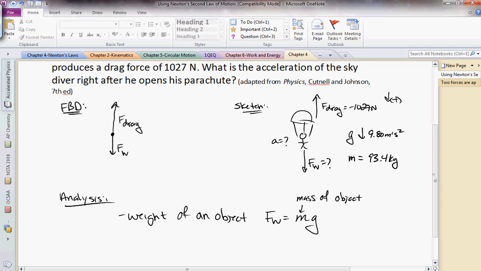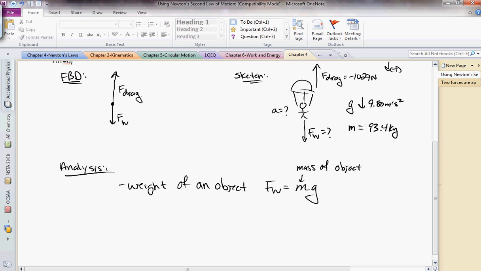For a lot of our problems that's just going to be little g, 9.8. But I want to point out that if you're on Jupiter or Mars or in outer space or whatever, little g will have a different value, and therefore you'd have a different weight. So although weight is proportional to mass, mass and weight are not the same thing. Weight is a force, whereas mass is the amount of stuff, the amount of matter that an object contains.